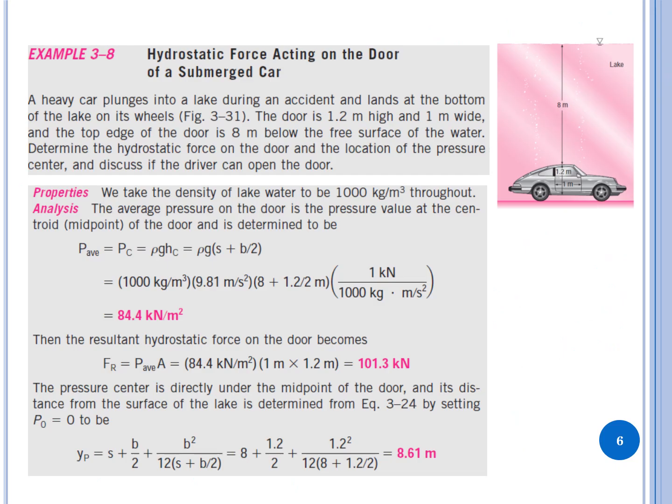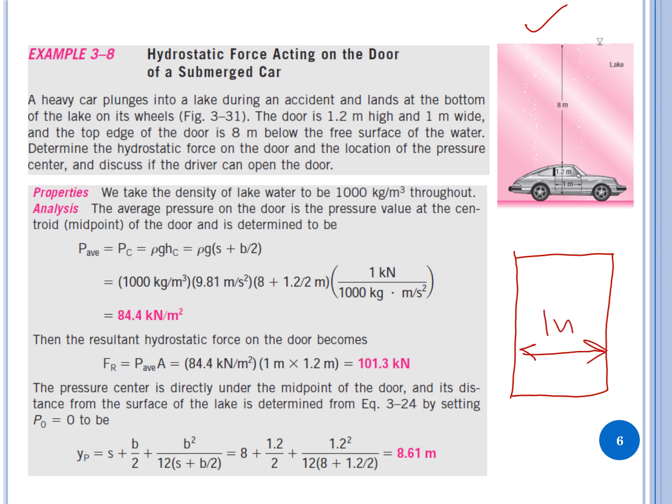Now let's go through example 3.8. A heavy car plunges into a lake during an accident and lands at the bottom of the lake on its wheels, as shown in this figure here. The door is 1.2 meter high and 1 meter wide.